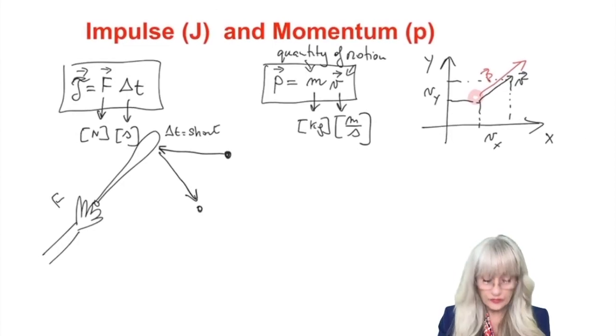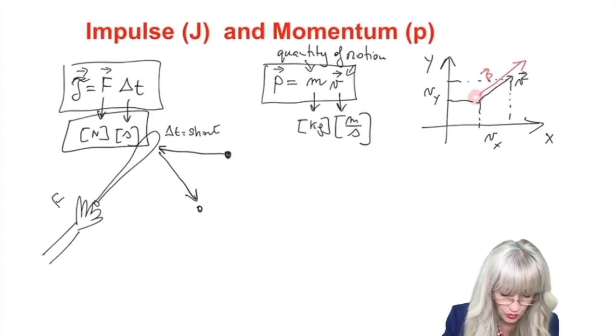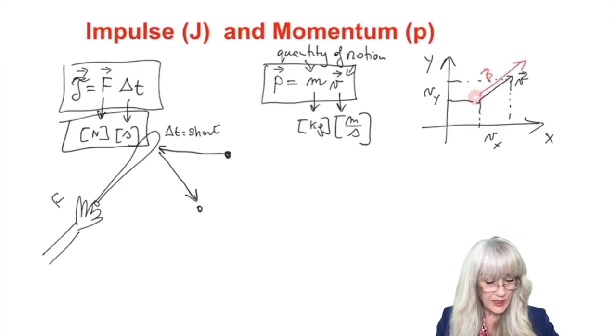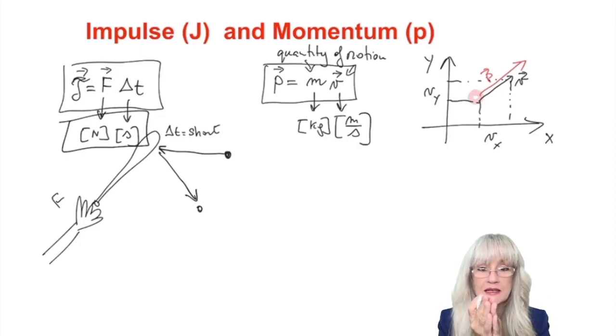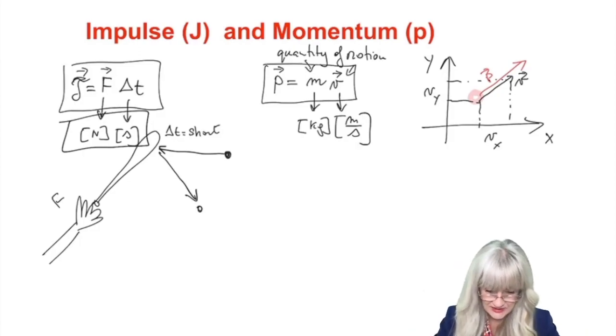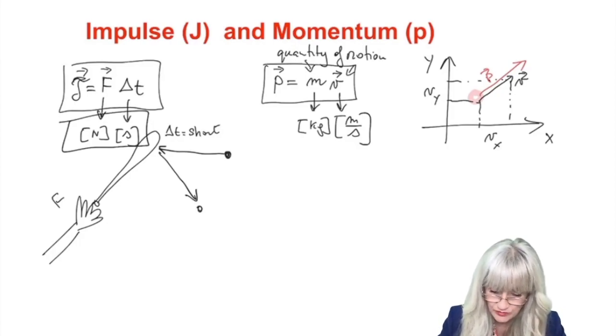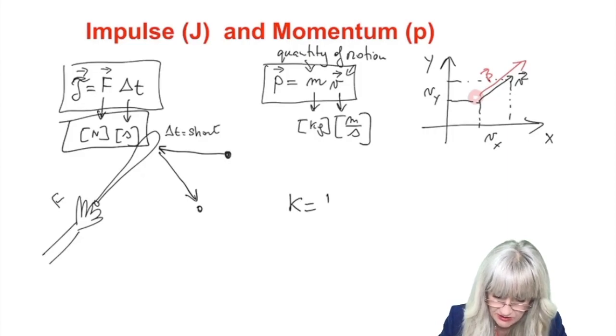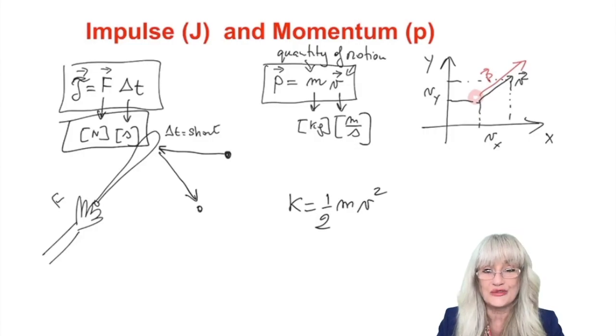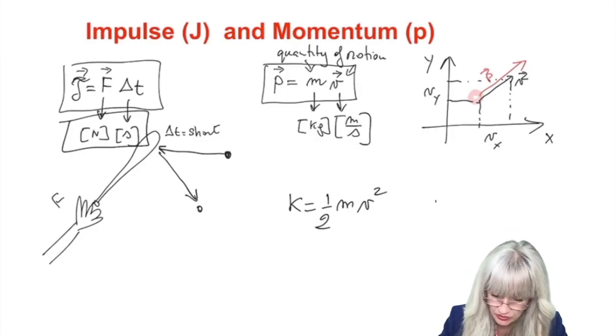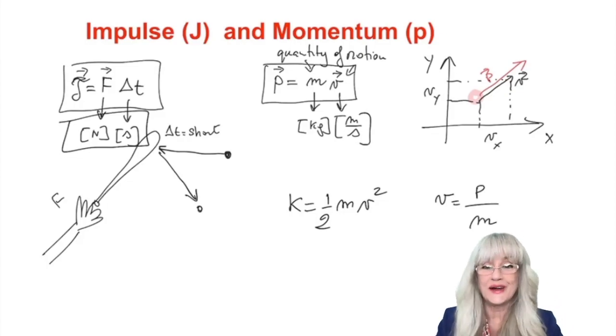Now, I want you to see what happens to the kinetic energy of a system, considering the momentum defined as mv. Kinetic energy was 1/2 mv squared, v your velocity. Now I could derive v out of the momentum, right?